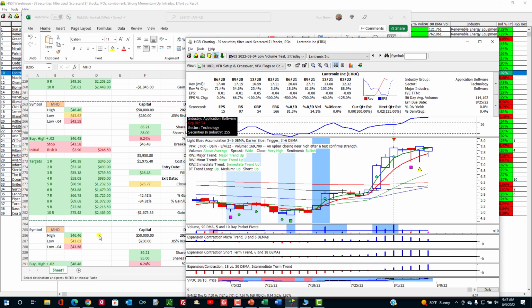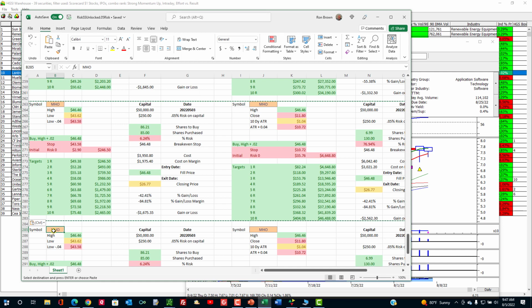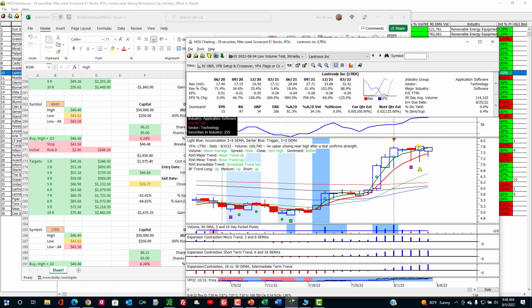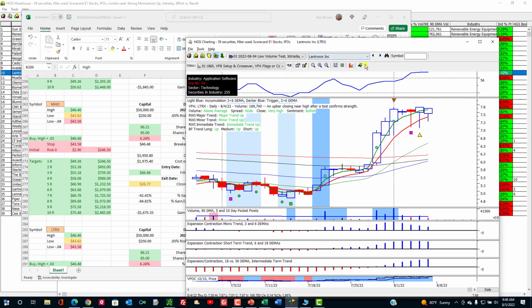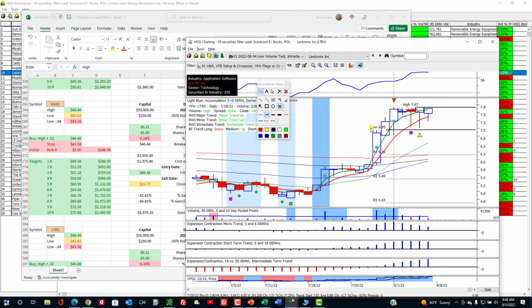What is the symbol here? It's LTRX. Okay, I want this yesterday's high. I'm going to use this tool right here. I'm going to take yesterday's high and yesterday's low.